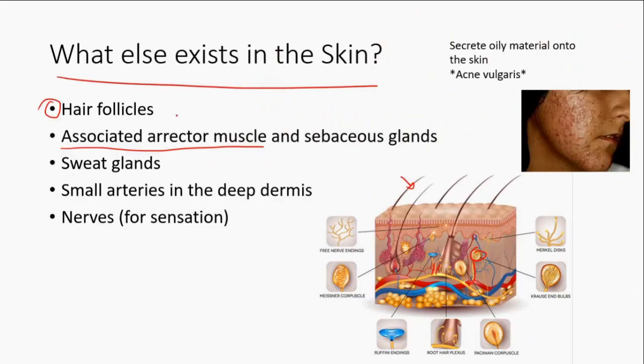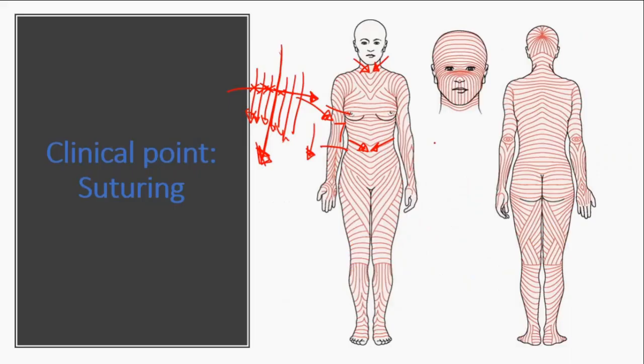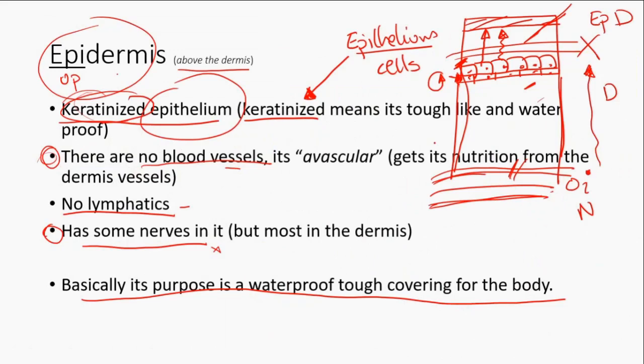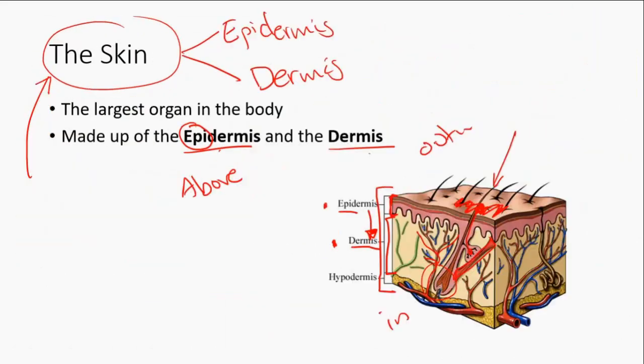So your hair follicles are associated with those muscles, and they're also associated with your sebaceous glands. Let me go back and show you what these sebaceous glands are. I did kind of mention it before. Your sebaceous glands are here, and they pump oily material into your hair follicle, and it rises and covers the skin.